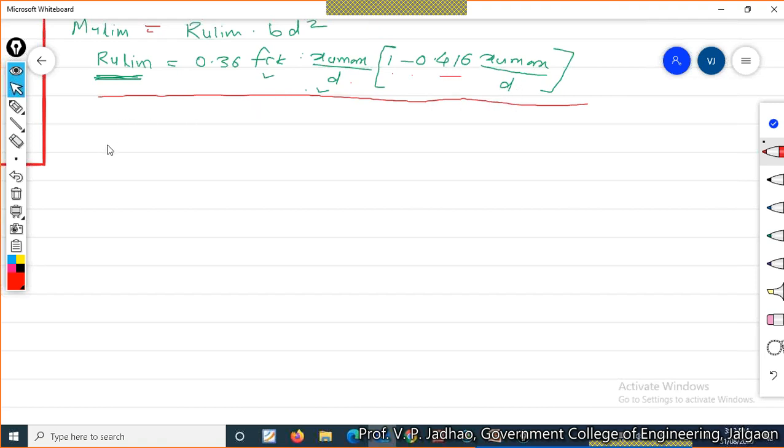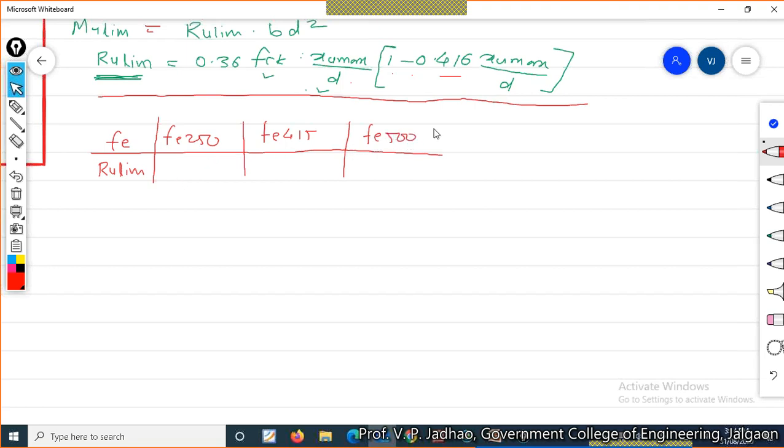Now if we take in one row Fe, or tensile strength of steel, and in another row Ru limiting, for Fe 250, Fe 415, and Fe 500.